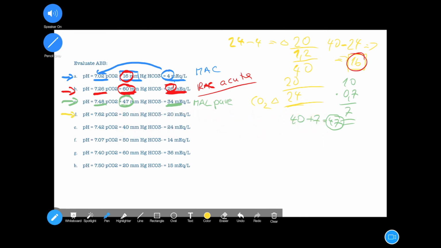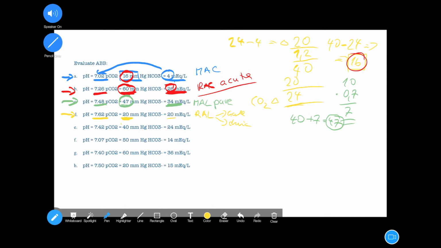So this is alkalosis. And now we have to check if this fits or that. And obviously this fits because it's alkalosis and CO2 is decreased. So that would be respiratory alkalosis. Okay. And because it's a respiratory problem, we have to say still if it's acute or chronic. So we're going to check the formula for acute respiratory alkalosis.